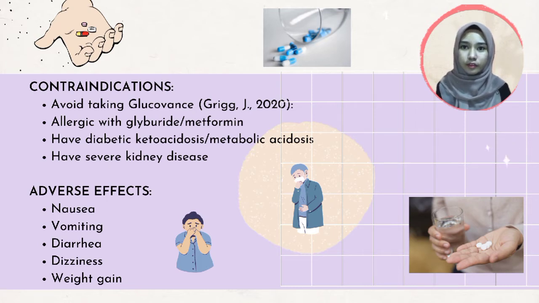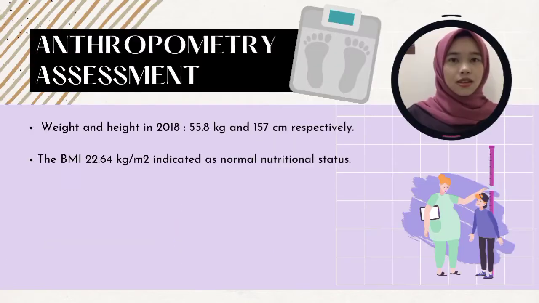Besides, individuals with diabetic ketoacidosis, metabolic acidosis, or severe kidney disease should also avoid this medication. Adverse effects. There are many adverse effects of Glucovans. This medication can cause nausea, vomiting, diarrhea, dizziness, and weight gain.